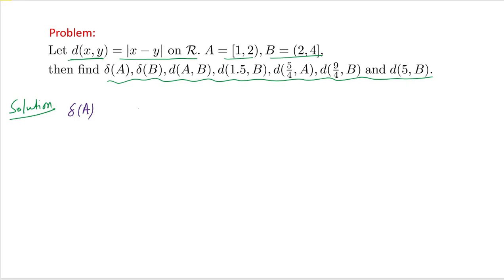For delta A, let us see on the straight line that this is our set A. Now on the set A, you can see that 2 doesn't lie on that straight line. But what will be the end point? The end point will be something like 2 minus epsilon. What will be the range of epsilon?